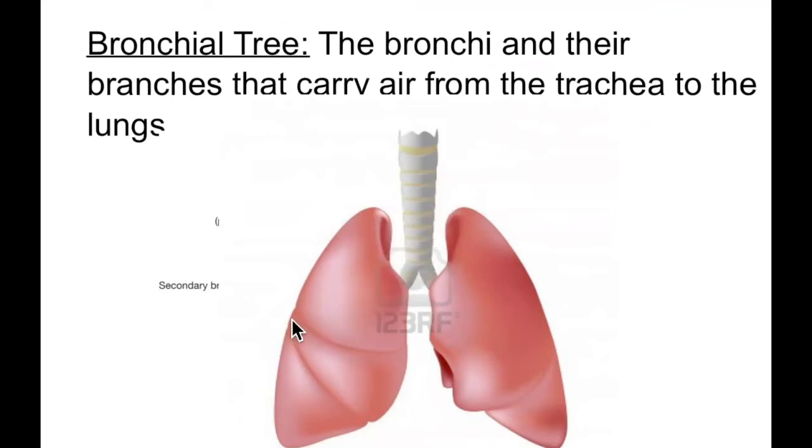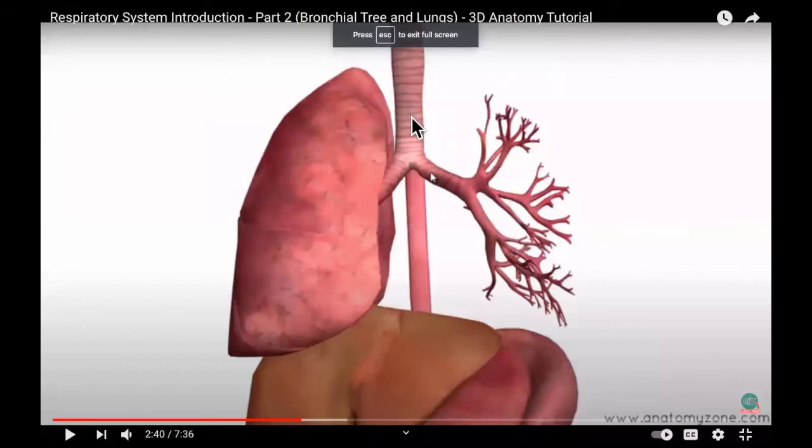So here, the trachea, and then it branches off into the lungs. Without the lung surrounding it, you see that it is a bunch of smaller branches that become even smaller branches, and the smallest branches are going to be covered in blood vessels so that the oxygen can move through the bronchial tree and into your blood.